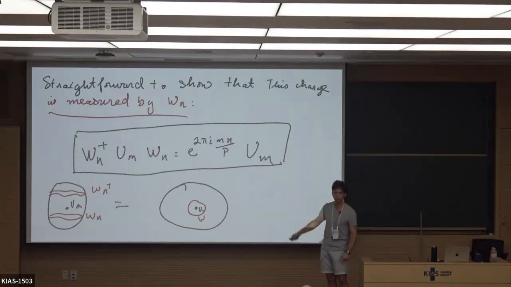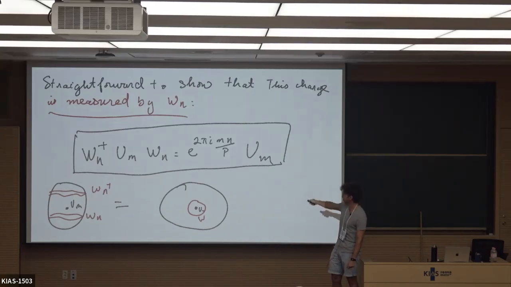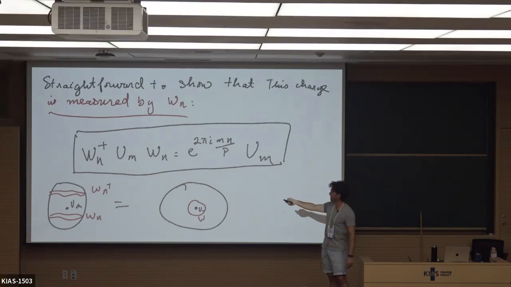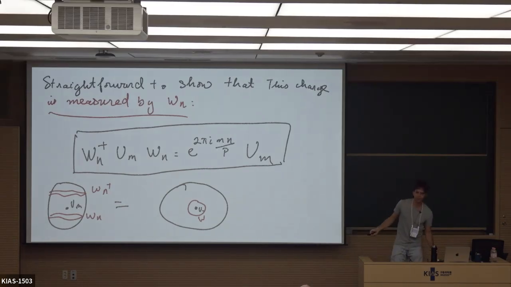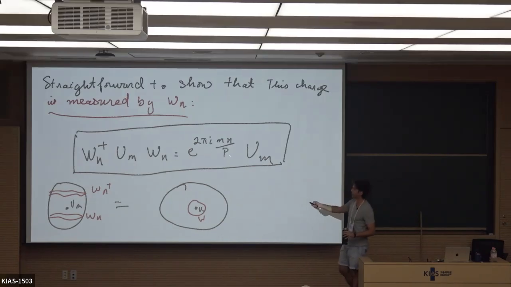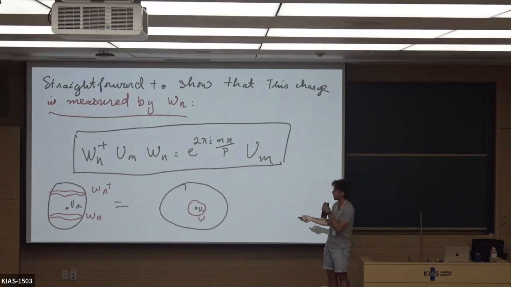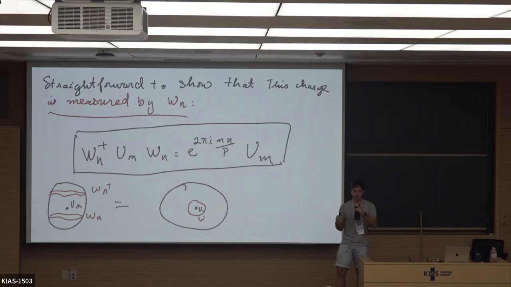So again, these W's are the topological operators that measure the charge of U_m. You can flip this equation around, actually, and see that U_m is a topological operator that measures the charge of the W operator. So the W is charged under a higher form symmetry, and its topological operator that measures the W operator's charge is U. So there are two symmetries, one zero form and one higher form symmetry. And these two operators are the charge operator of the other.